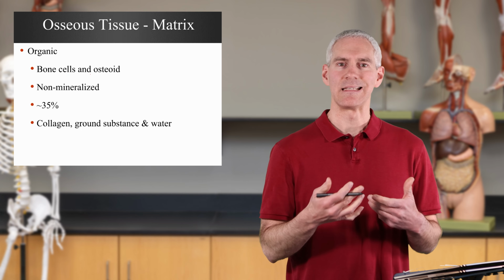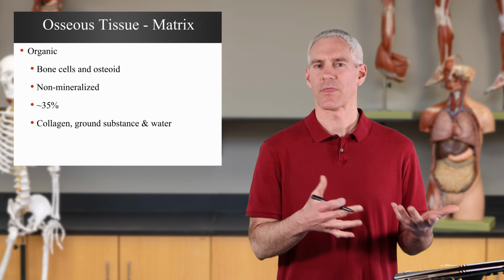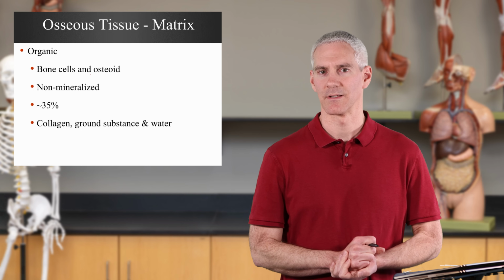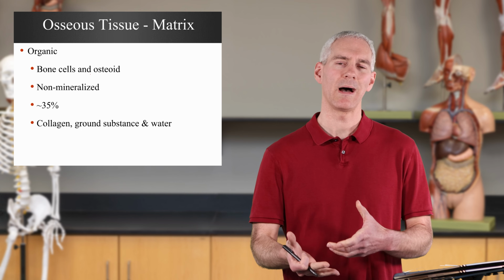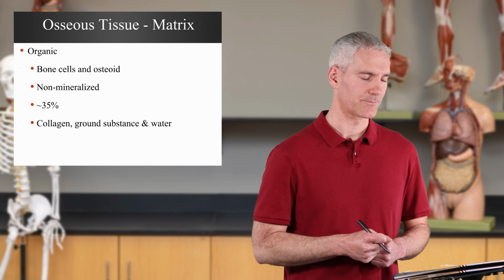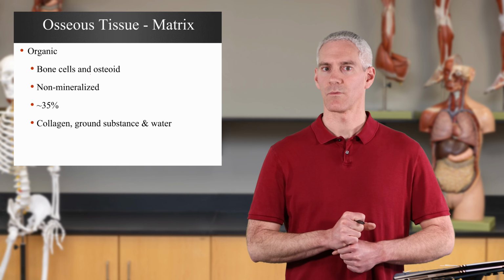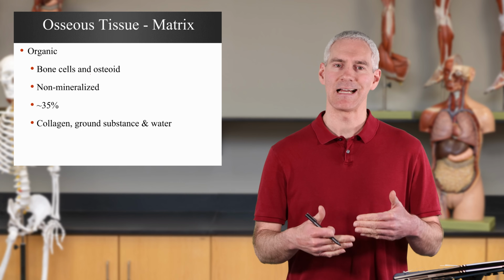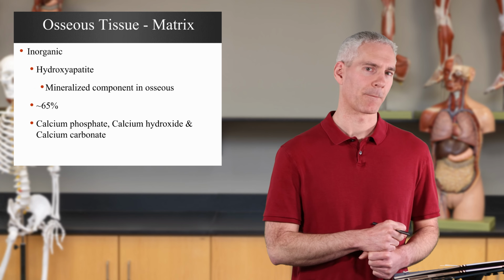But this is all non-mineralized components. Give or take about a third. I have down here 35%, but I think it depends on each individual person. So about a third of that matrix is going to be organic material. Things like protein, collagen, you have your ground substance, water. It's the non-crystallized, the non-mineralized components.